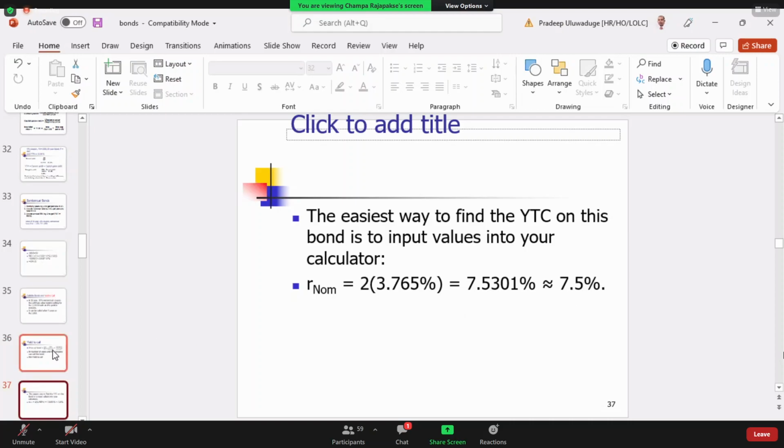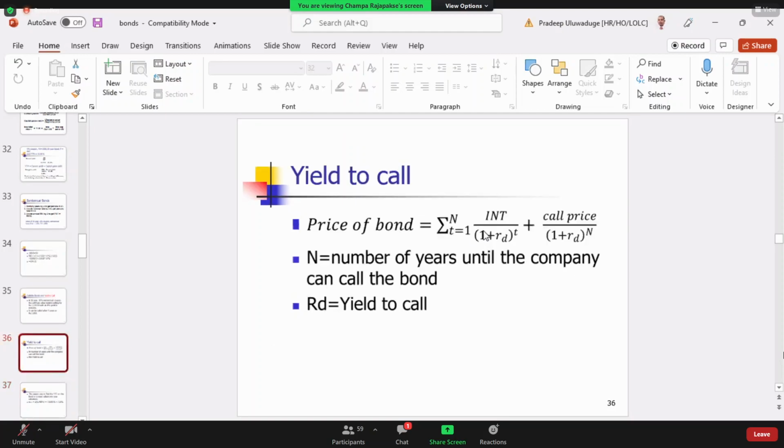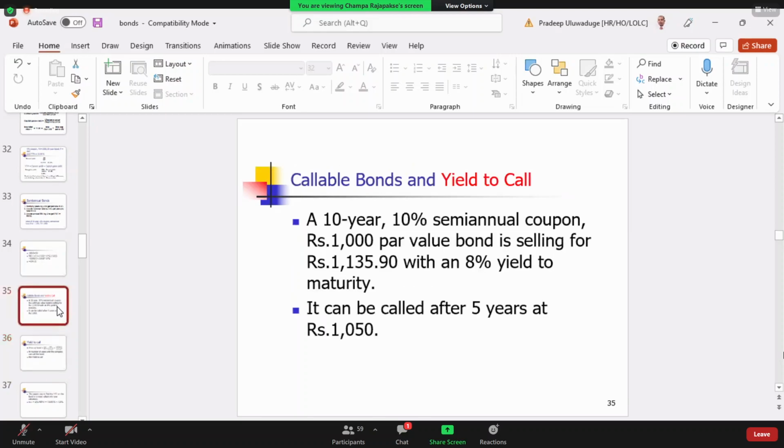Shall I give you a minute or two to give it a try? If you want, you can also find the YTM. No, YTM is already given, 8% yield to maturity. That is the rate that will give you a present value of 1,135 and 90 cents.